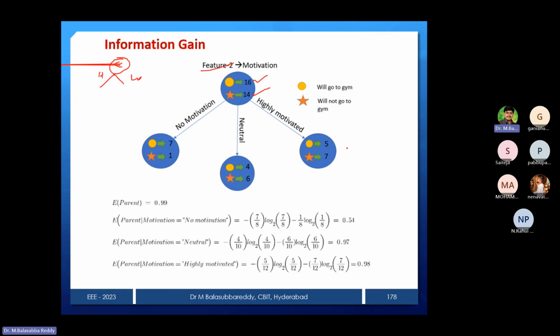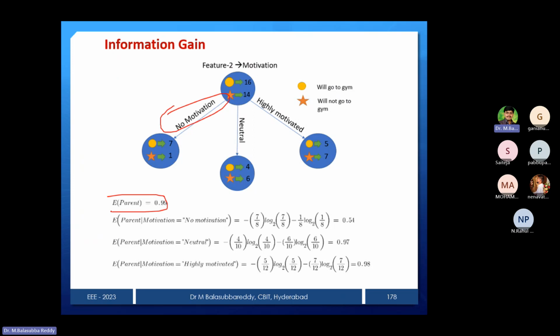But motivation has three splittings: no motivation, neutral motivation, and high motivation. Now proceed the same way for motivation.